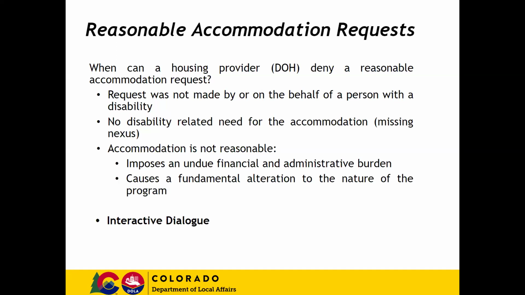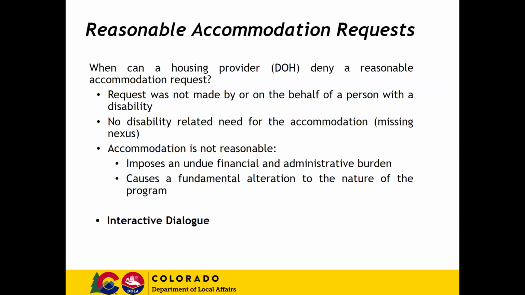However, there are cases where a reasonable accommodation request may be denied. And the legislation does provide us with guidance on when a request can be denied. If a request was not made by or on the behalf of a person with a disability, it can be denied. A reasonable accommodation request has to be for a person with a disability to access the program.